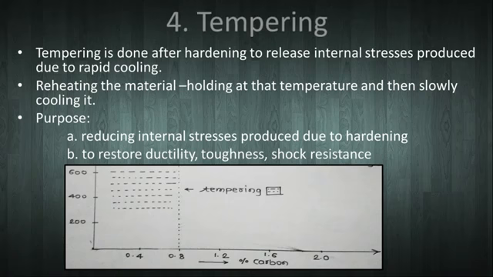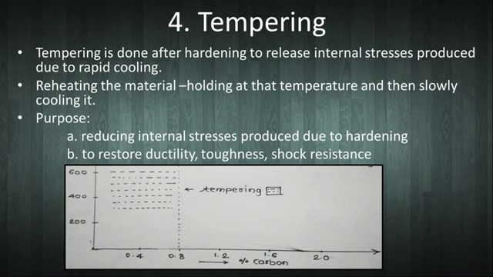Next is tempering. Tempering is done after hardening. Hence, we call it as hardening and tempering. Tempering is done to release internal stresses produced due to rapid cooling in hardening process.